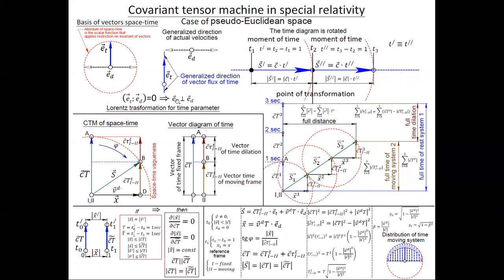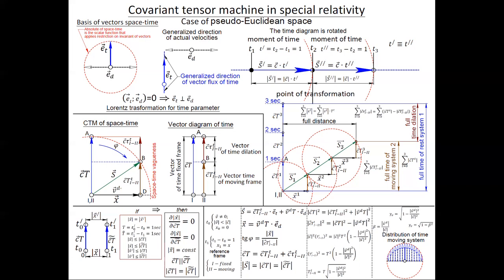Therefore, the directions of current time and actual distance are perpendicular. It's accepted because frames 1 and 2 don't have curvature or force fields of interaction.